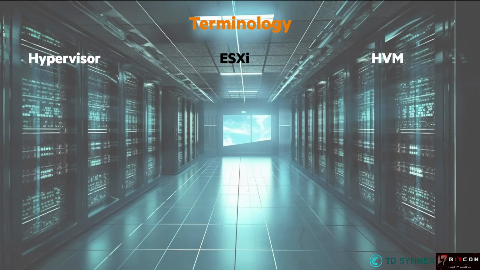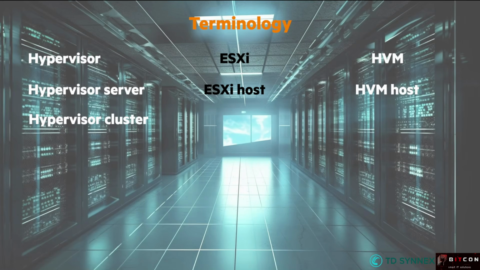This is the HPE virtualization solution, which is based, by the way, on KVM. And then the hypervisor server: it's an ESXi host, and we call it an HVM host in the GUI. And then, of course, a cluster, which is that ESXi cluster. Well, quite similar, we're talking about an HVM cluster.